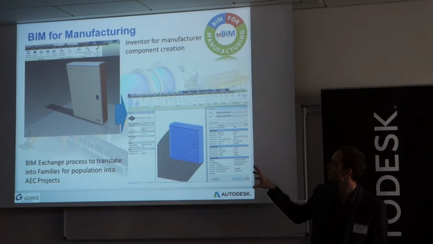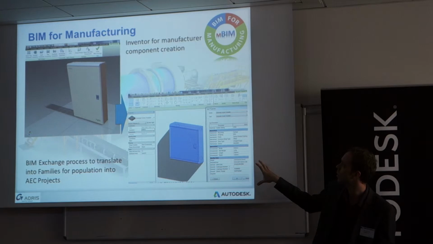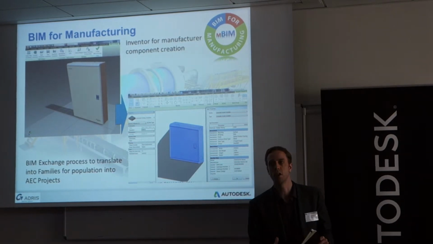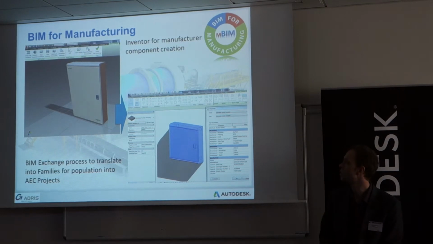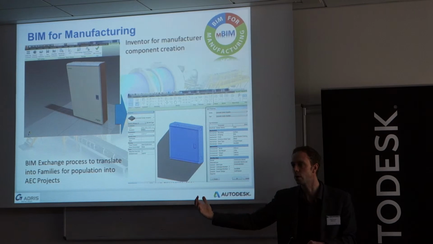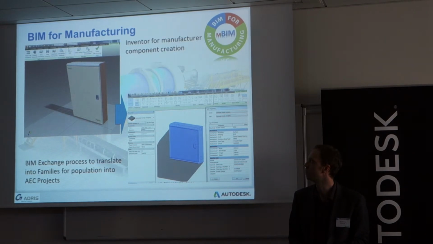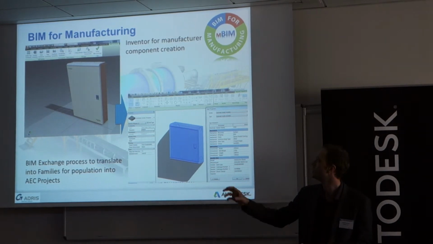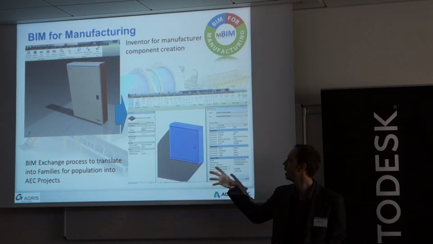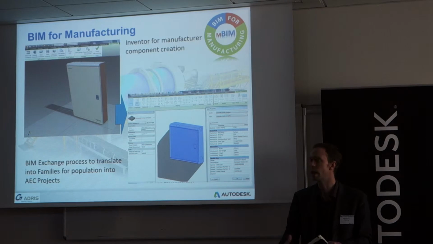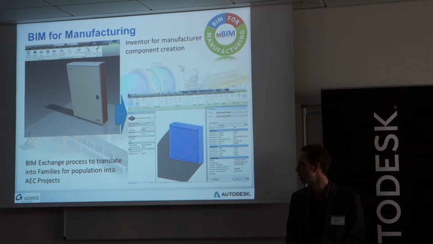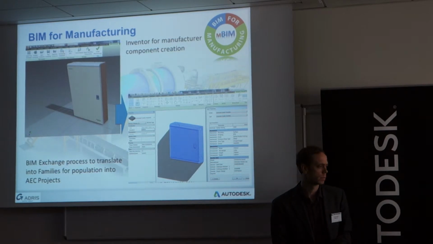And there's now processes to basically bring that across into things like Revit and start creating more simplistic versions of their manufacturing details. So the Inventor one would be something that would be an actual shop floor and be creating, cutting and parts. This would be then something that would then be put into an architectural model and be used in sort of M&E and services engineers to then start specifying inside of an actual building project.